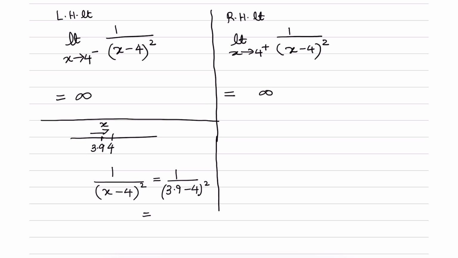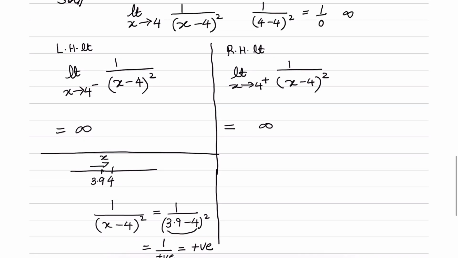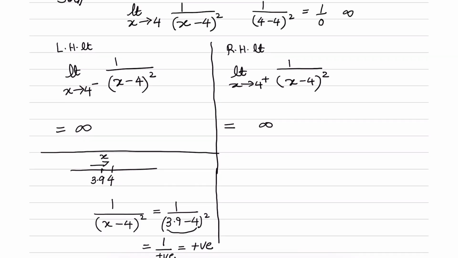We can see that 3.9 minus 4 will be negative, but negative whole square will be positive. So 1 over something positive, the whole term sign is positive. 1 is positive divided by positive in the denominator, so it is positive. We will go back up on the left hand side case, and here we will put a plus sign. For the left hand limit we got the answer plus infinity.